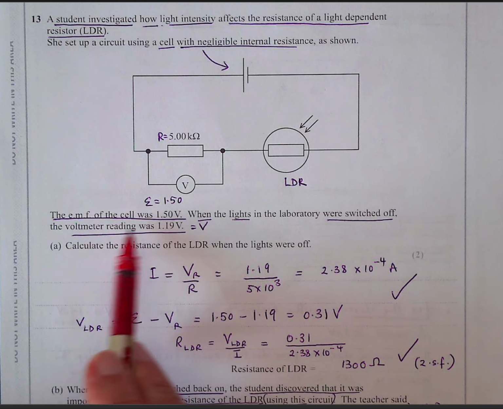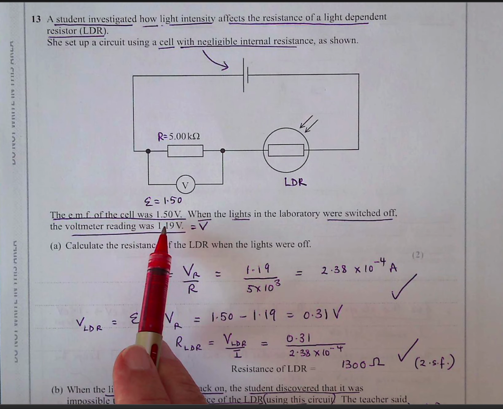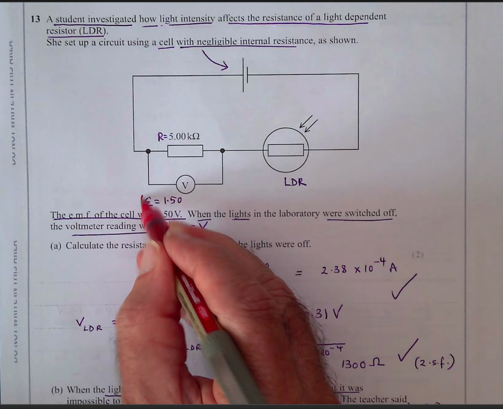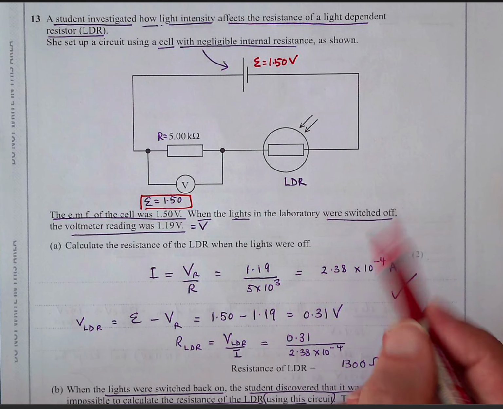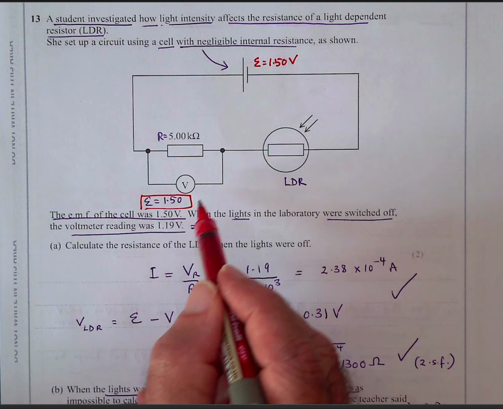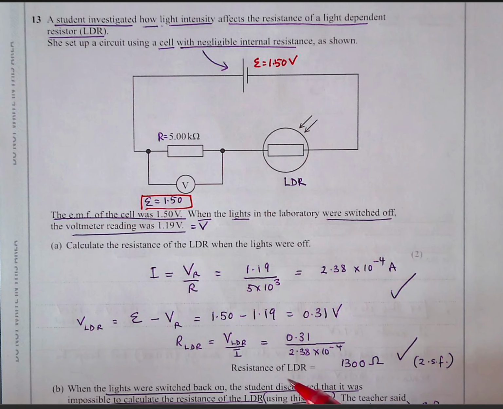It then says the EMF of the cell was 1.5 volts. So this is the EMF of the cell, EMF equals 1.50 volts. When the lights in the laboratory were switched off, in other words when it's dark, the voltmeter reading here was 1.19 volts.